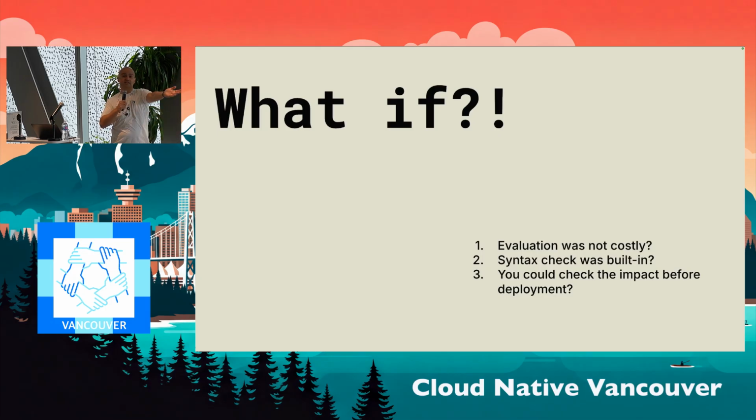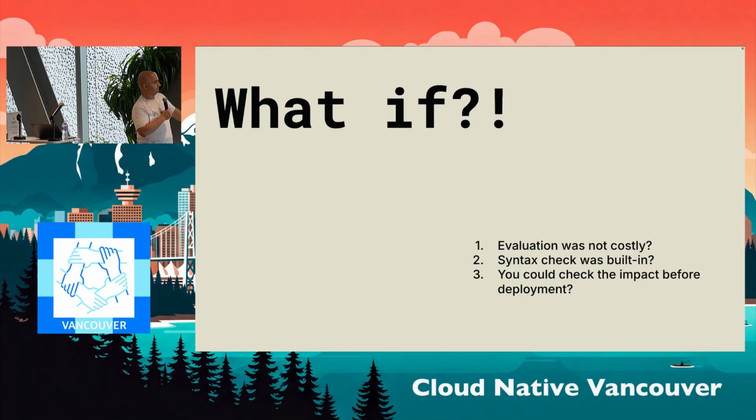I didn't have to send it to the server, take some time out of that HTTP server that is running to talk to the etcd database to give me back if this is correct or not, or if this can be implemented or not, or if this is something that is duplicated and it cannot do it because there is another policy with the same name. So what if that was built in?